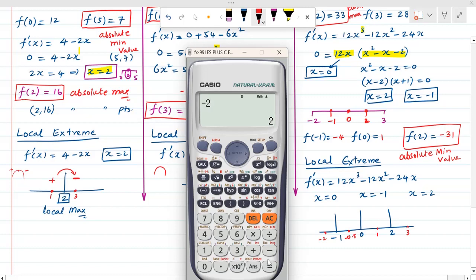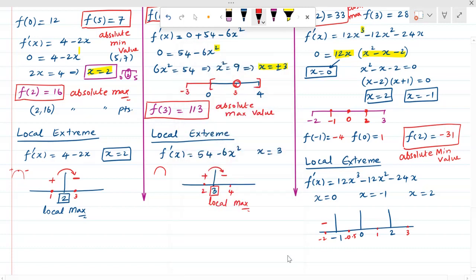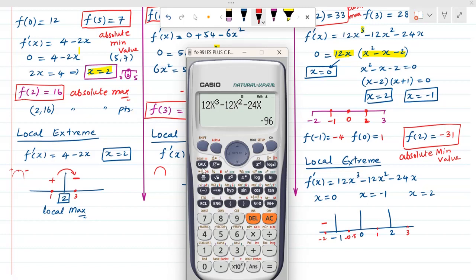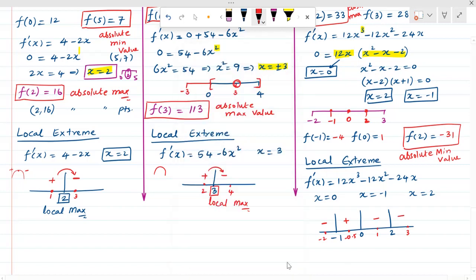I have to check only the sign here. Minus. Then I put minus 0.5, which is positive. Next, 1 gives minus. Then calculate 3, which is plus.